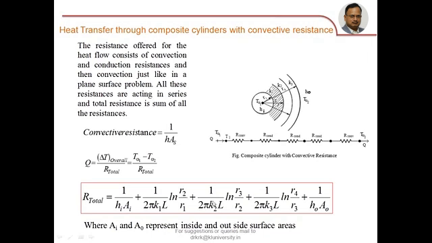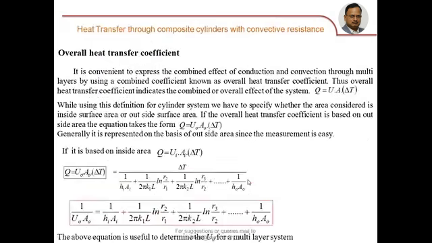So thorough practice is required, or only experienced people can calculate this resistance when a larger number of conduction as well as convective resistances are involved. So that is the reason why they introduce one more coefficient called overall heat transfer coefficient.